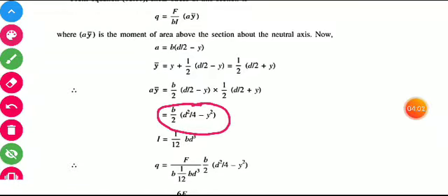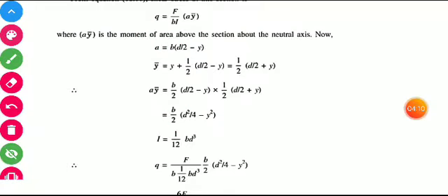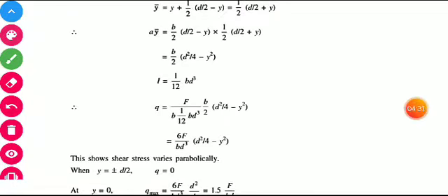Here we calculated A into y bar. Now the moment of inertia for the rectangular section is bd cube by 12. So we put all these things, A into y bar and I, in this equation. So what did we find? We found this equation.